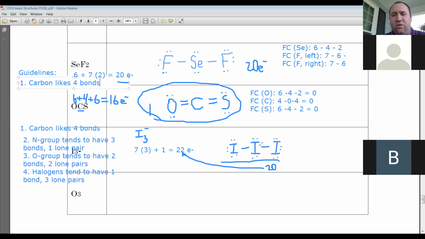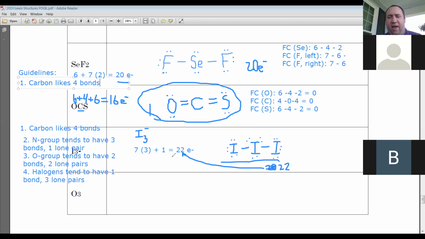In a two-dimensional shape, there's not a whole lot of places to put them, so I'm just going to stash them here to the side. If I wanted to redraw this, I could, and that'll get more into what we talk about tomorrow. But I can station these about 120 degrees apart on that center iodine. And now I've got 22 electrons instead of just the 20.